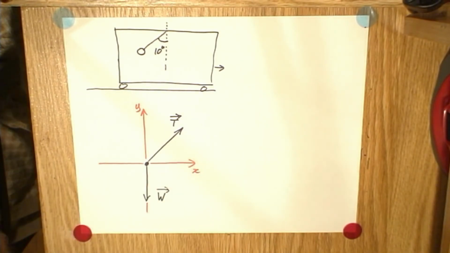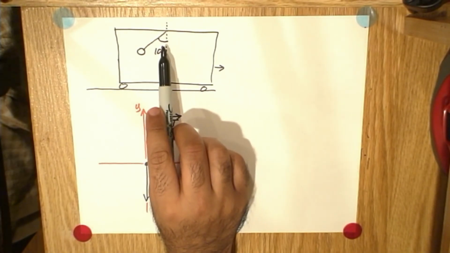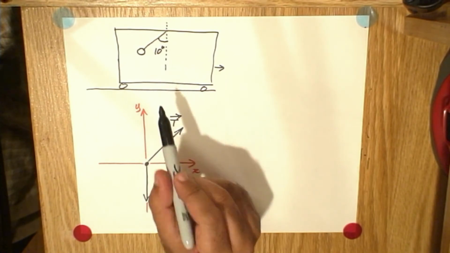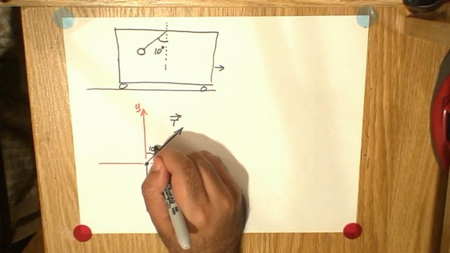Now, before we go any further, before we start breaking our force into its components, there's something that is critically important but very subtle, and we must make a note of it right now. This 10 degrees was away from the vertical. That means that this angle was 10 degrees.